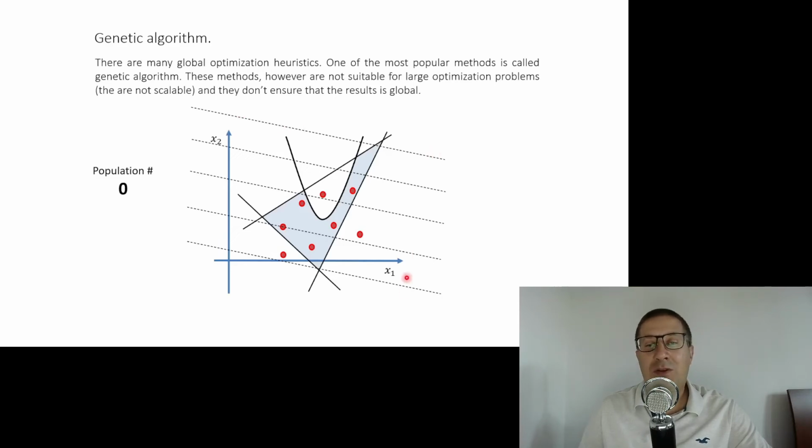If we put this x1 and x2 to the function, we will see some results. Here we would like to maximize this function. This is, let's say, the efficiency of the process. So the better the efficiency is, the better the combination of genes, the better the individual is.